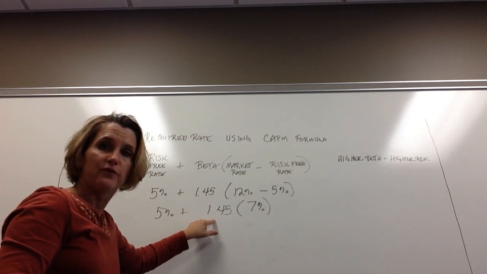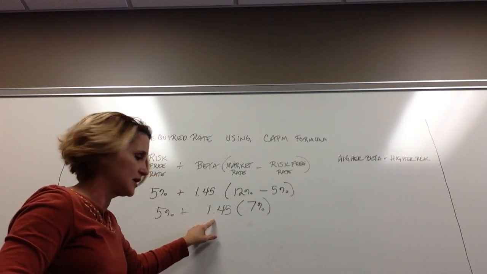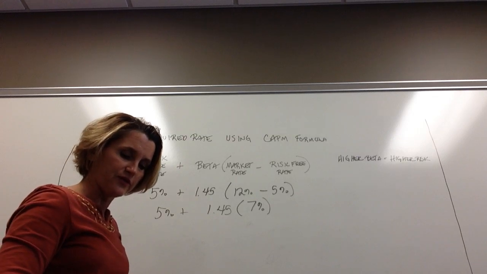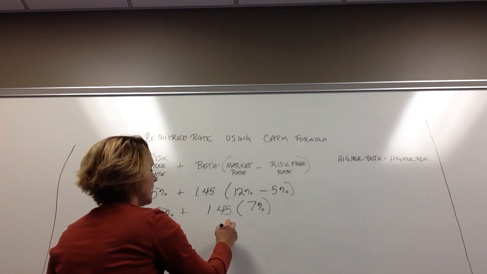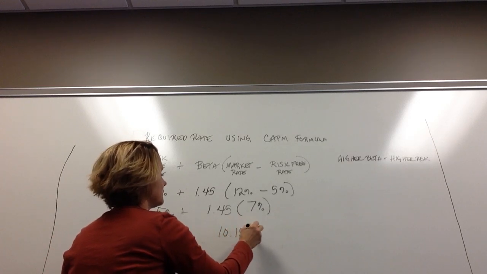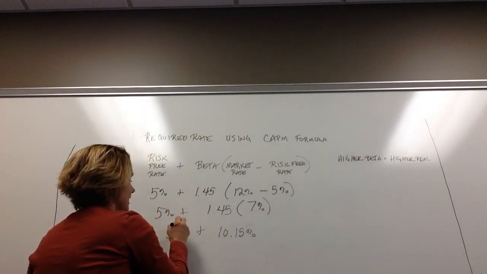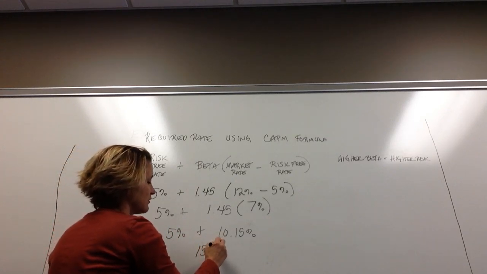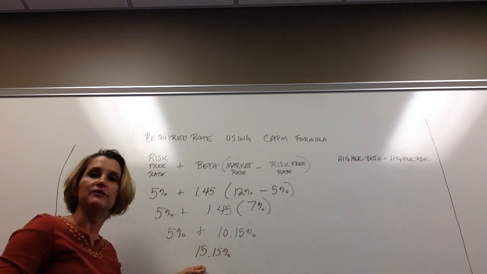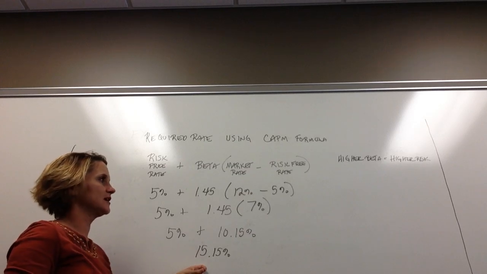It's 1.5 times as risky. So we take 1.5 times 7, and that gives us 10.5%. And then we add that back to our risk-free rate. So our required rate of return on this investment would be 15.5%.